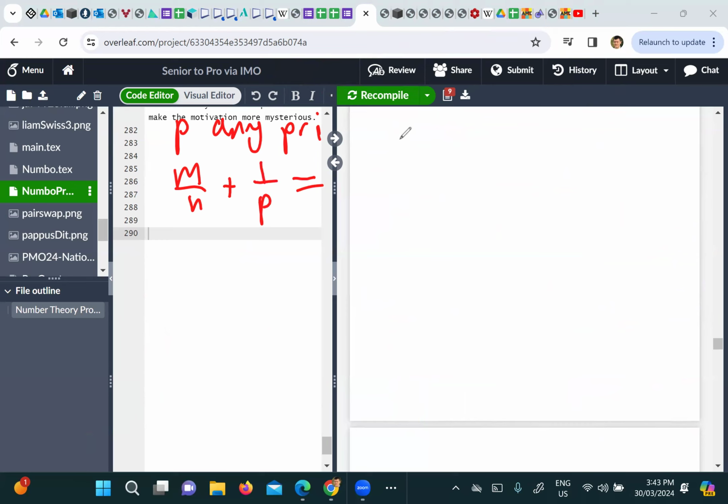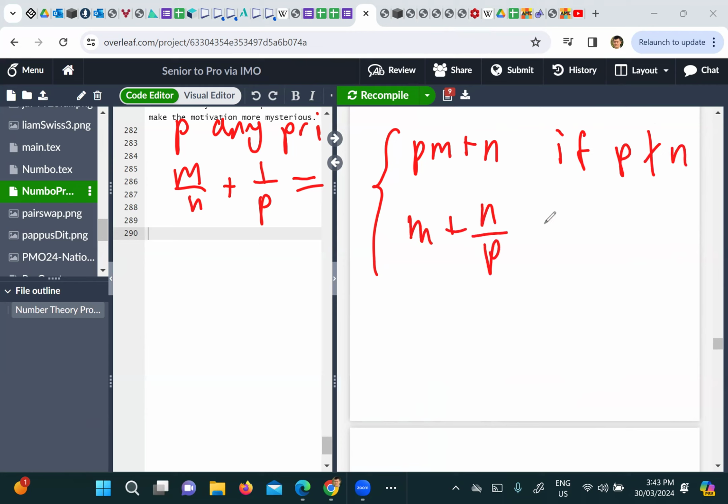And that's either equal to pm plus n if p does not divide n, or it's m plus n on p if p divides n, right? Okay.